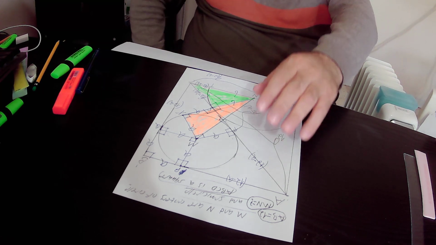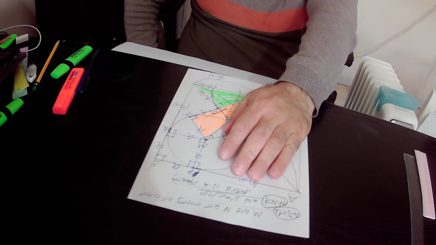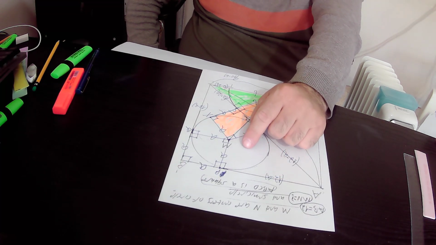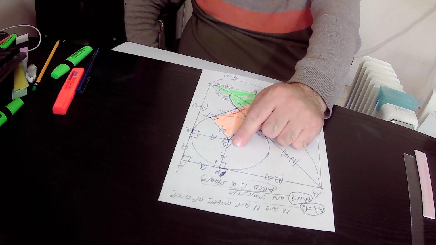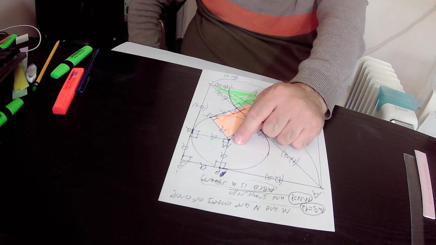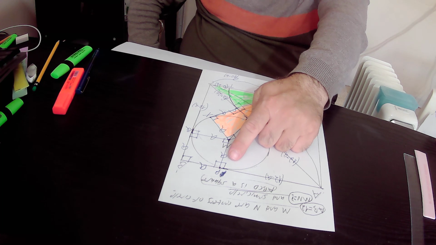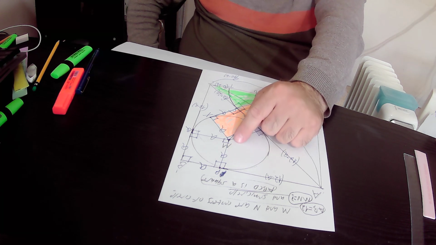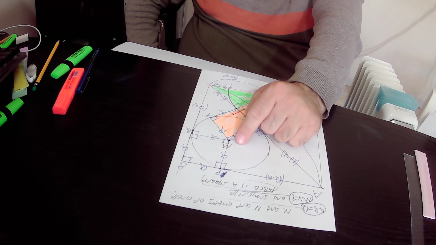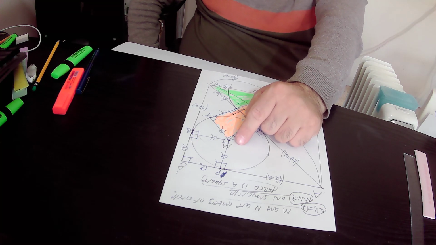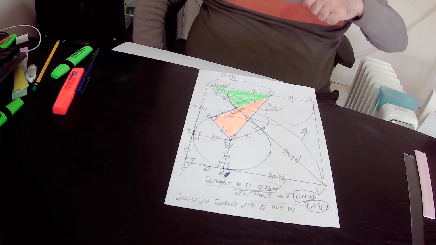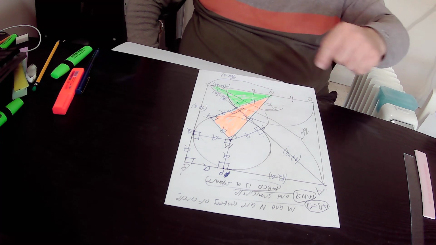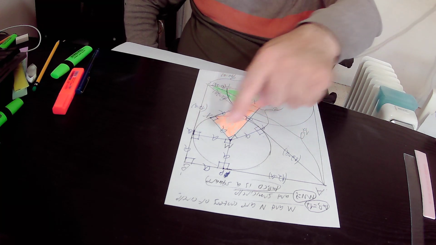We join points M and P together by a straight line. MP is the radius of this circle because it starts from the center of this circle, that is to say from point M, and ends at point P, a point on this circle itself. Therefore, MP is the radius of this circle, and it is drawn to the point of tangency, that is to say it is drawn to point P, the point of tangency of tangent AB with this circle.